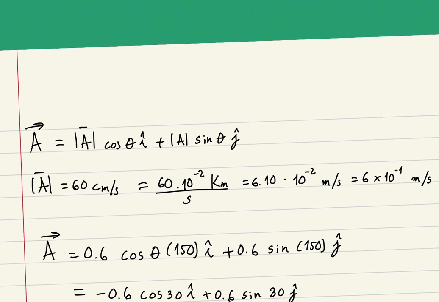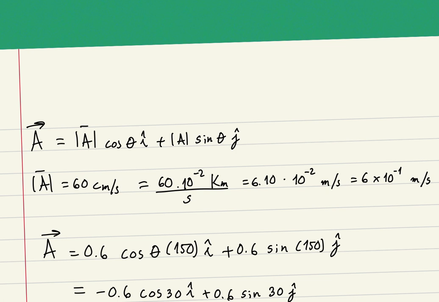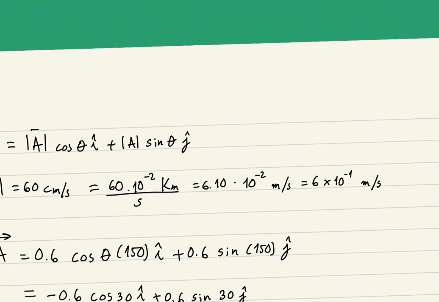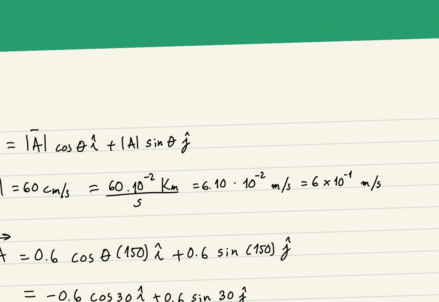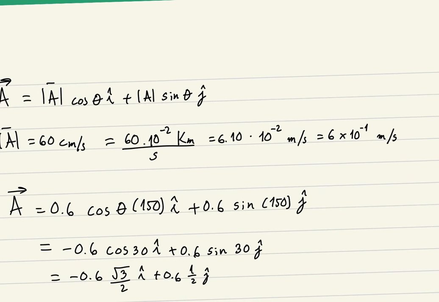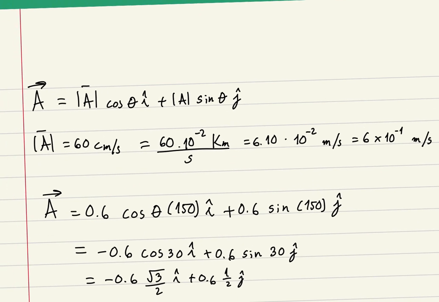To be able to simplify the most that we can, we multiply by the conversion to meters per second. And we end up with 6 times 10 to the negative 1 meters per second, which is, in other words, 0.6.